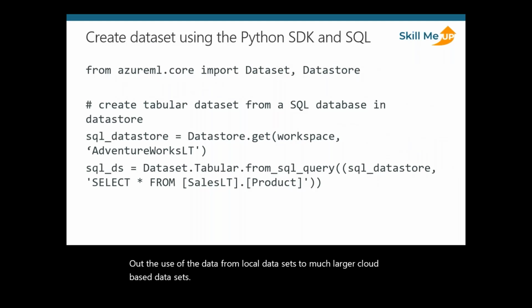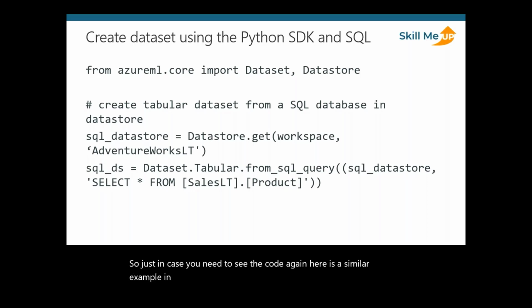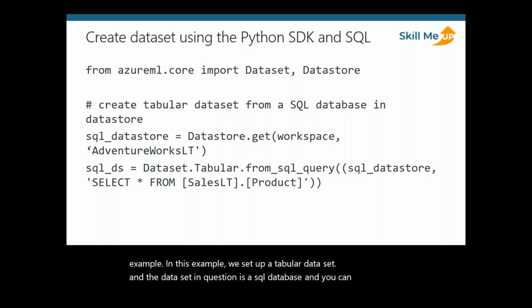So just in case you need to see the code again, here is a similar example. In this example, we set up a tabular dataset, and the dataset in question is a SQL database, and you can see it's specified in the SQL data store here.